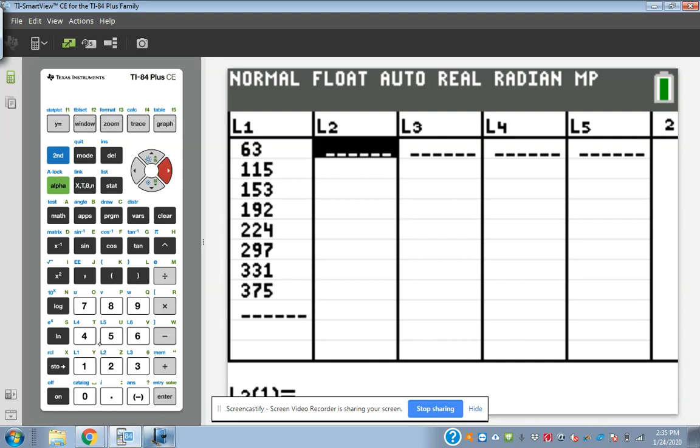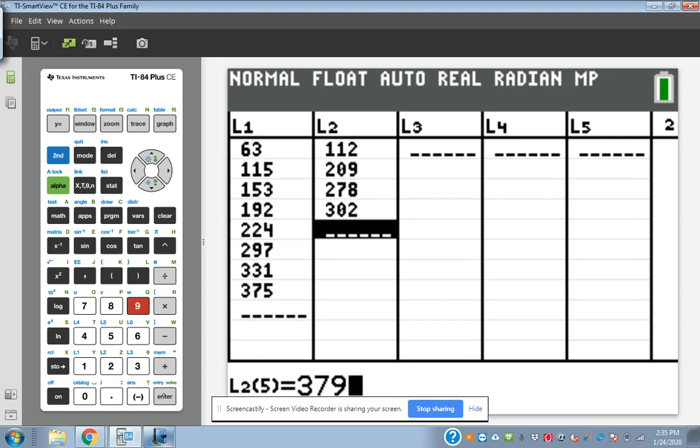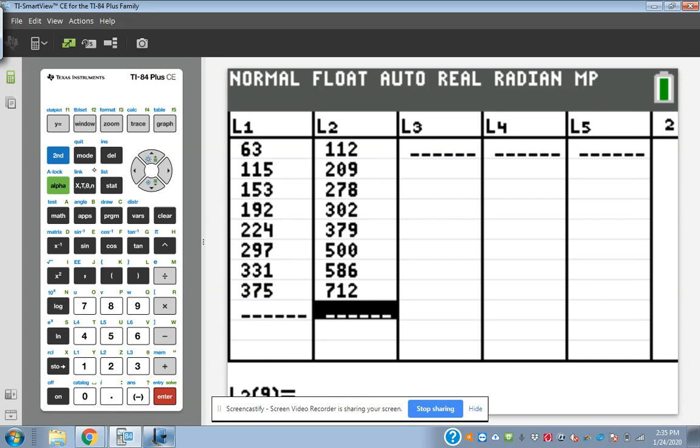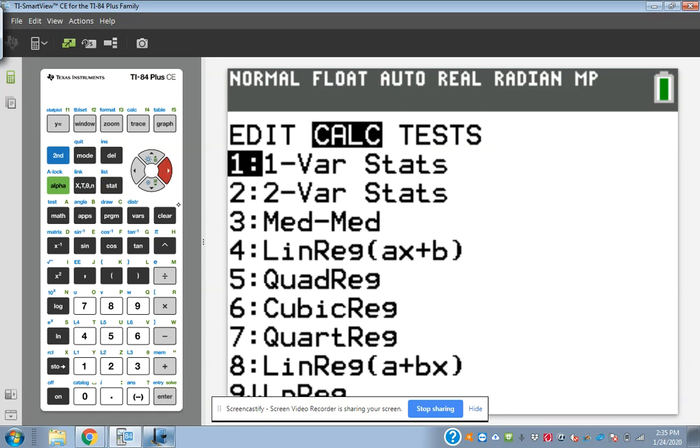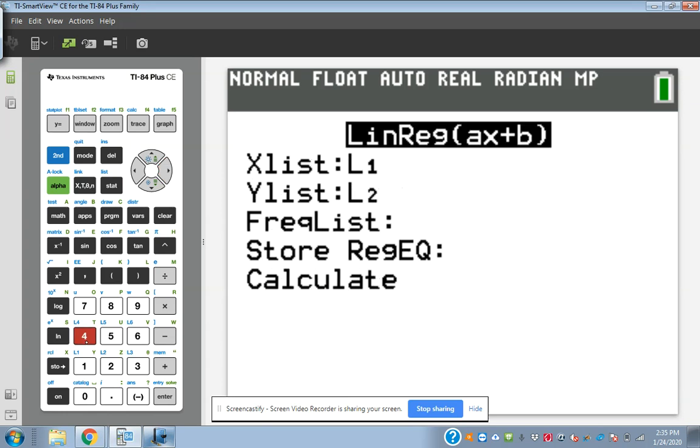And put those Y values in there. Once you got those in there, hit Stat, go over to Calc, Option 4, and you shouldn't have to do anything there. Just go down to Calculate and hit Enter.